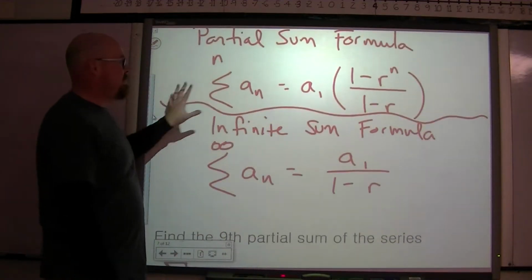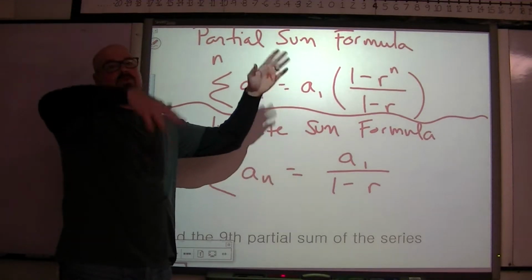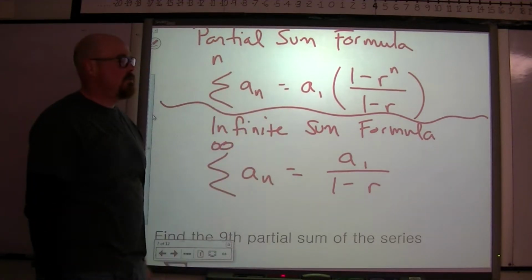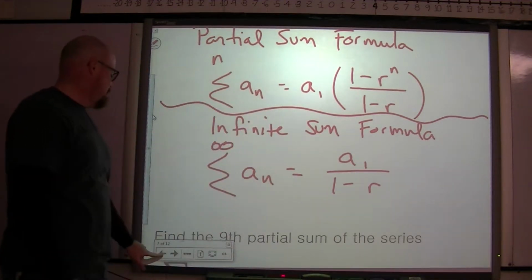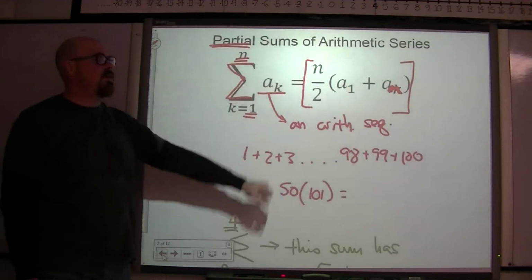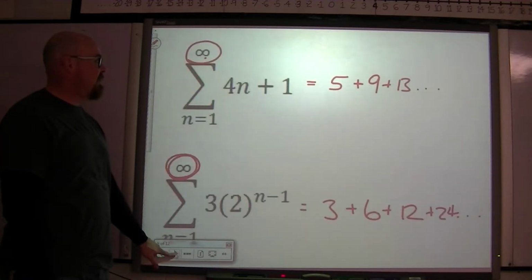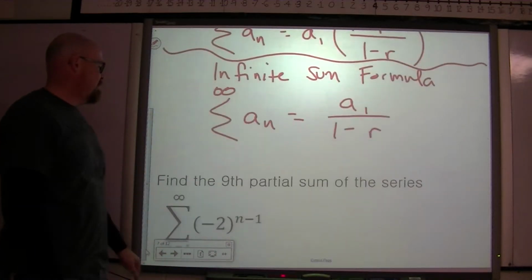So in your notes you should have these two formulas prominently placed, boxes, arrows, stars, whatever. These are the formulas that we use for a geometric series. This was our formula for the partial sum of an arithmetic series. You should have all of those prominently placed in your notes.